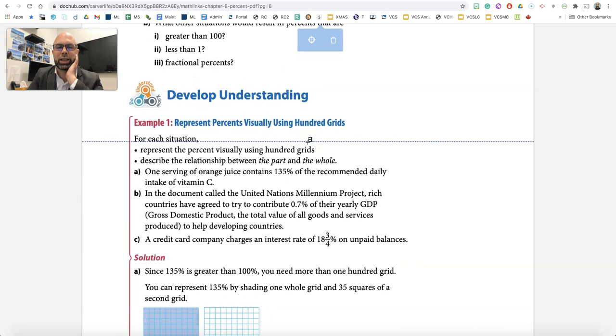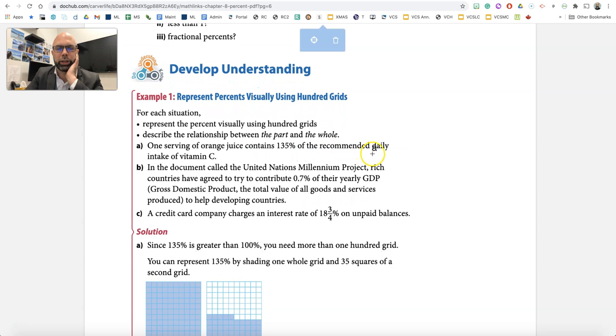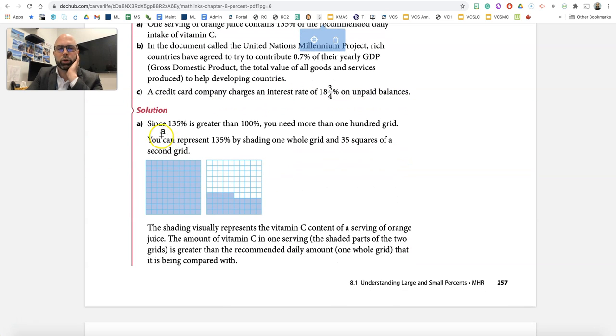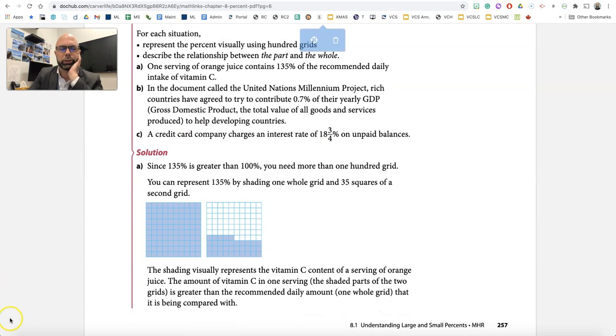In class yesterday when I introduced this lesson, some people pushed back pretty hard on this idea of actually coloring in grids and complained about how long it takes. But I think this is really helpful for us to visualize it. Without reading all of this text, it's important to note that 135% can be visualized by, where are my writing tools in DocHub?